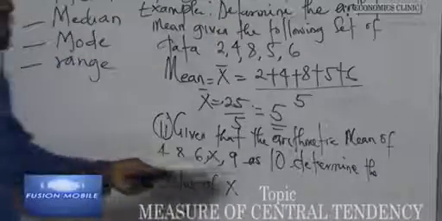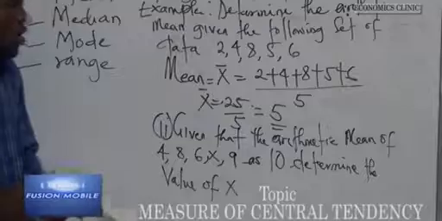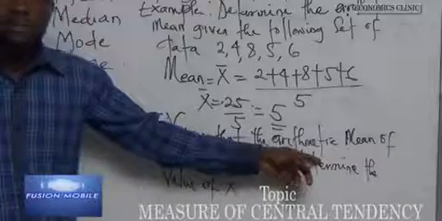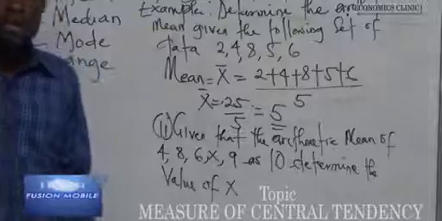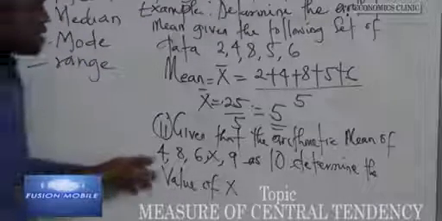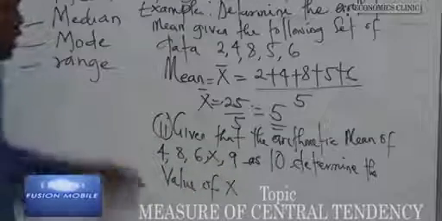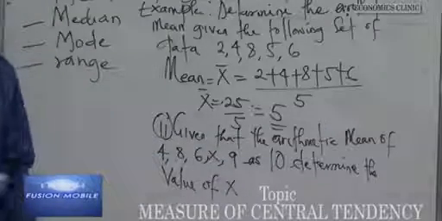Now to determine the value of x here, we still need to apply the formula for mean. And we know that the formula for mean says the summation of the total series of the distribution divided by the number of times it appears.